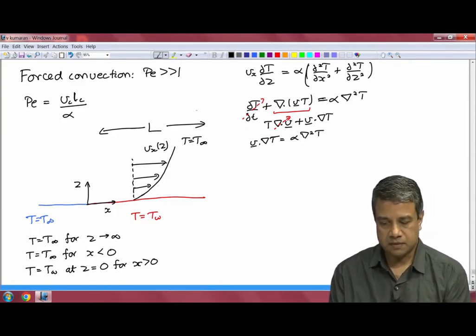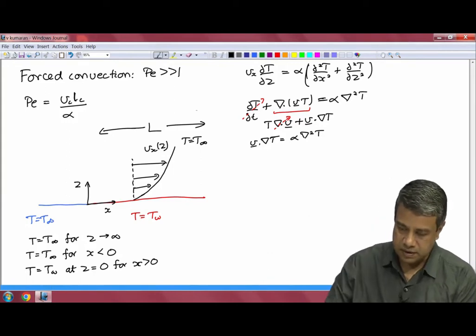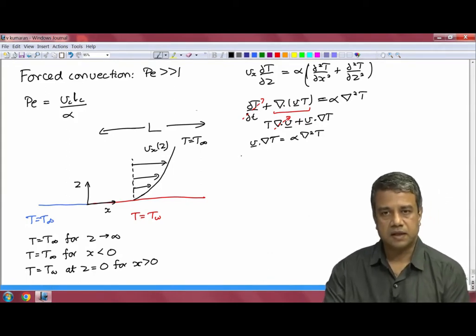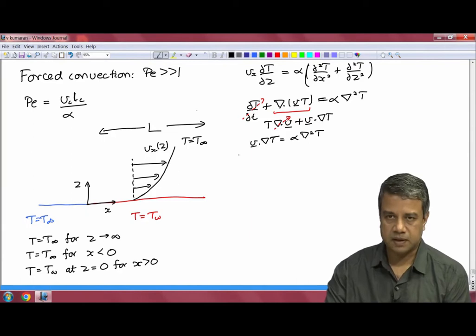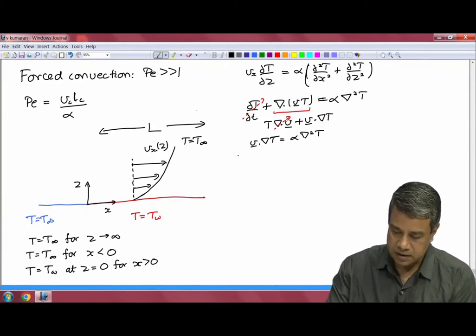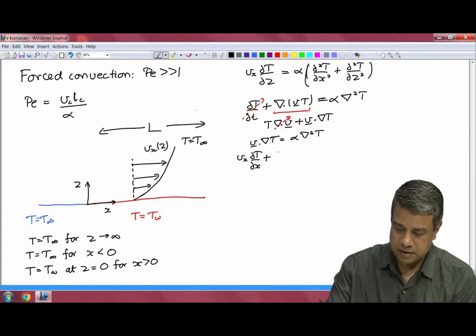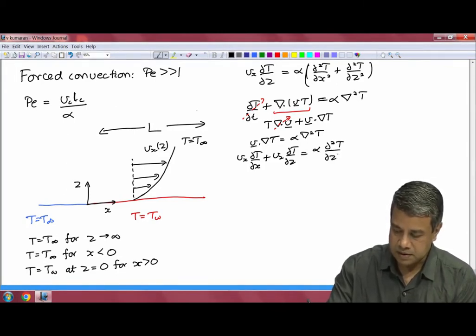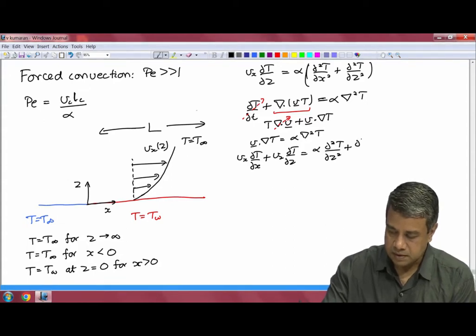For a two-dimensional flow, I can expand this out. Using the expression for the gradient operator and the velocity vector, this becomes Vx partial T by partial x plus Vz partial T by partial z is equal to alpha into partial square T by partial z square plus partial square T by partial x square.